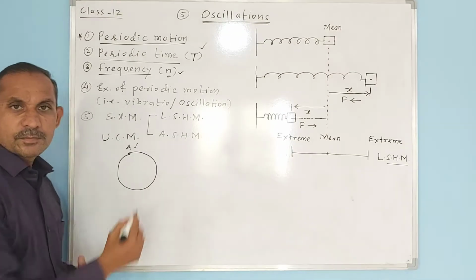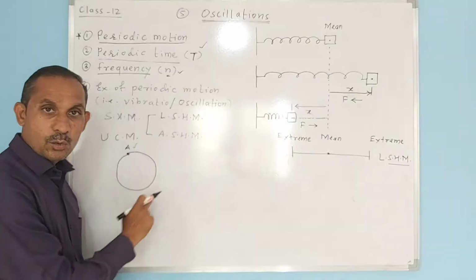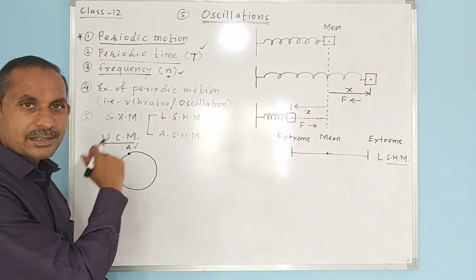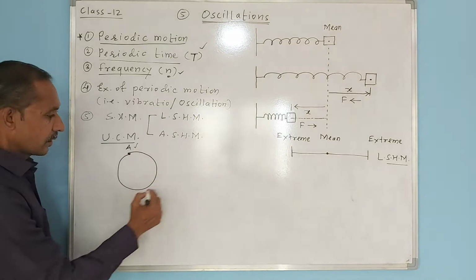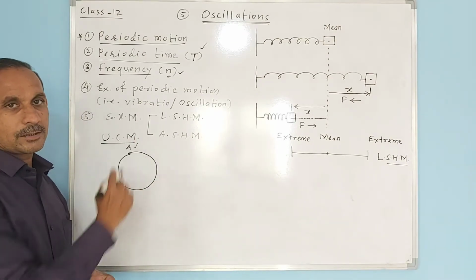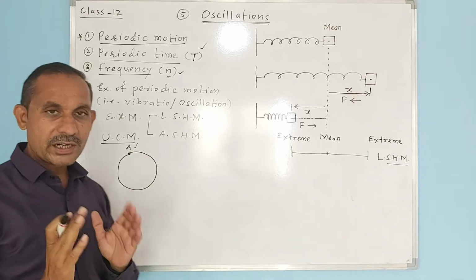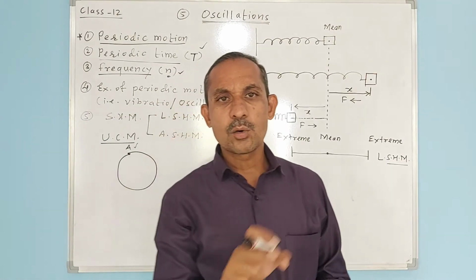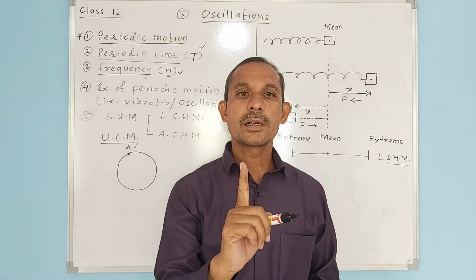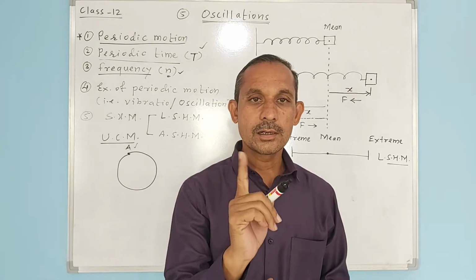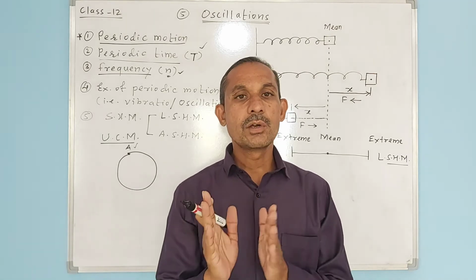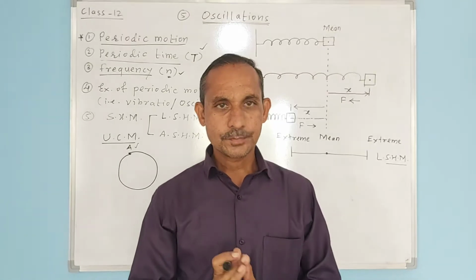Suppose this is a uniform circular motion, and the body continuously repeats its motion along this circular path in 1 second, or in 1 minute, or in 1 hour. Generally the time expressed as 1 second, 1 minute, 1 hour, we call unit time.